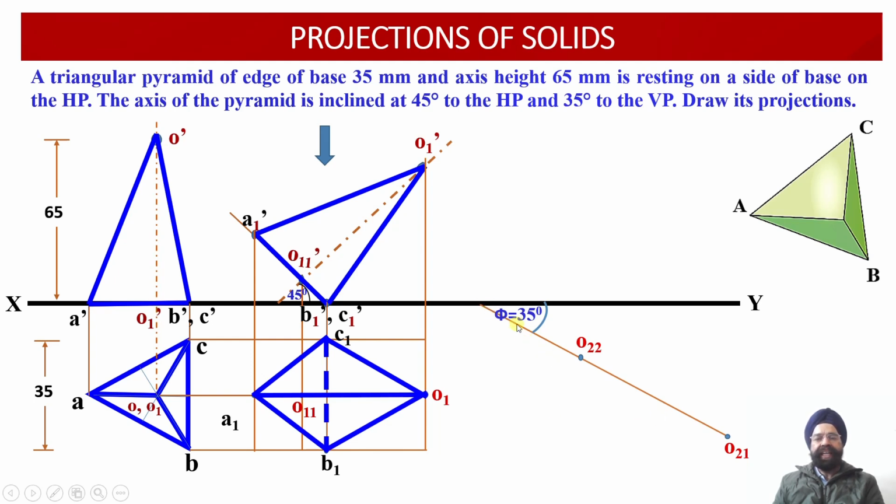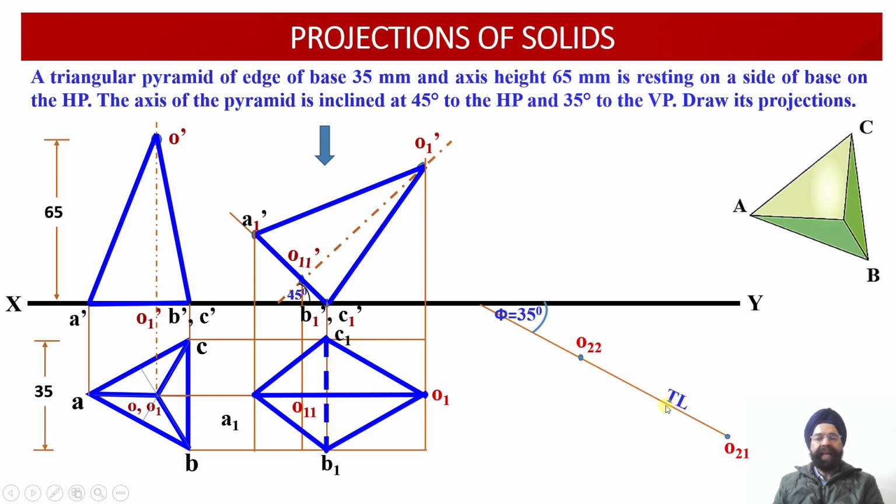Alongside this projection line, we have to mark two points appropriately in such a way that the distance between these two axis points is 65 millimeters, which is equal to the true length of the axis.